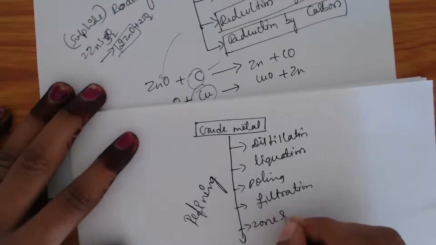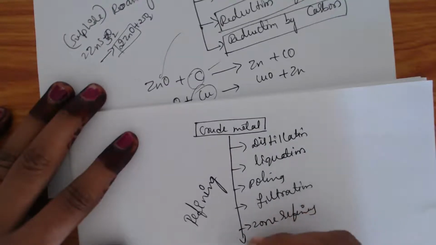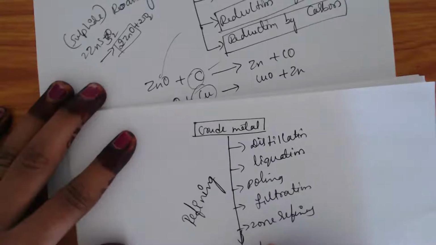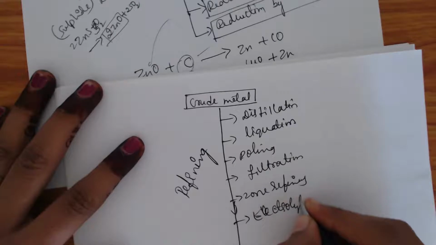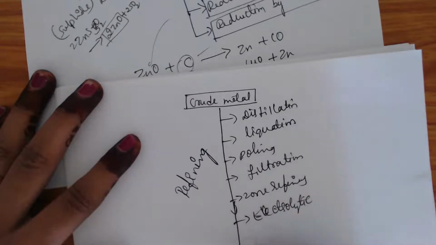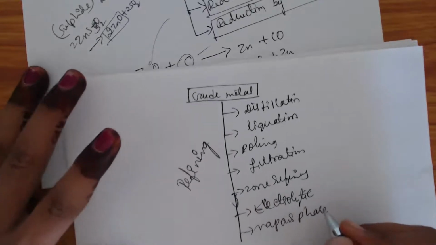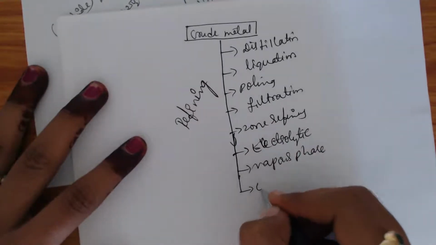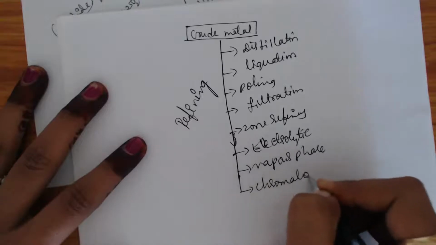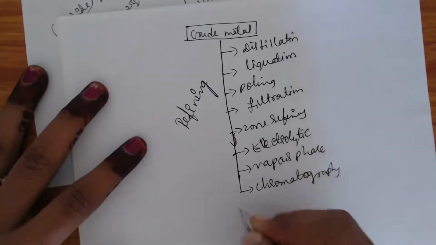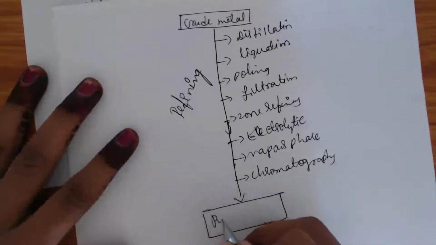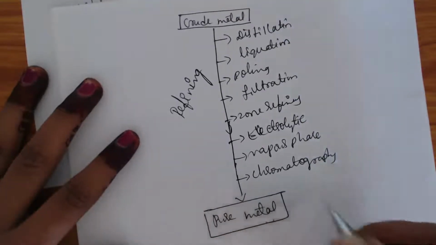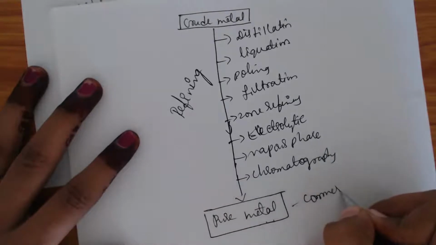Zone refining, electrolytic refining, vapor phase refining, or chromatography. So by the refining techniques, we will get a pure metal which we can use commercially.